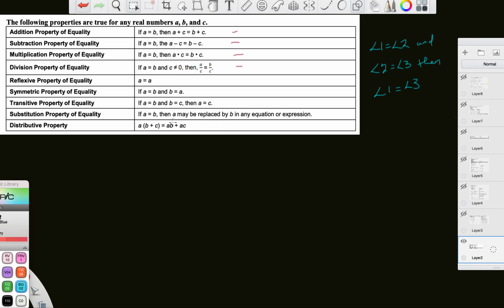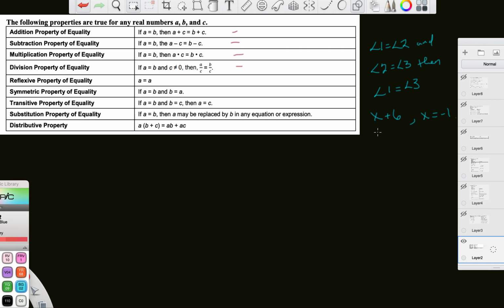The substitution property just means that you can substitute for whatever in any equation or expression. So if I have x plus 6, and over here I say x is -1, then I can substitute -1 over here for x.